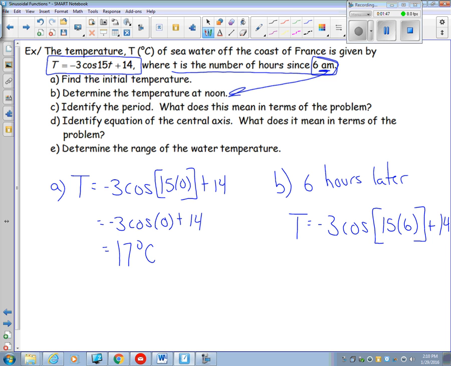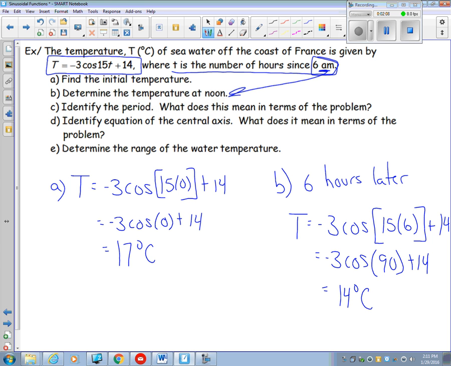Sorry about that, Bell. Again, if I simplify this just a little bit, make my life a little bit easier, that's the cos of 90. And I punch that in my calculator the way it looks, and I end up with 14 degrees Celsius. Okay, so it looks like our temperature is going down a little bit.